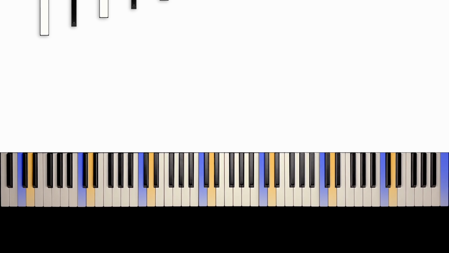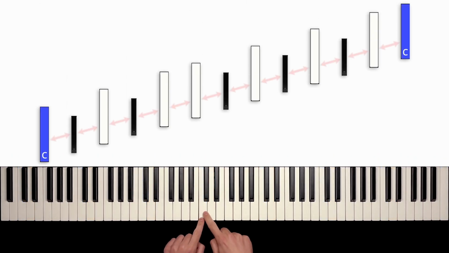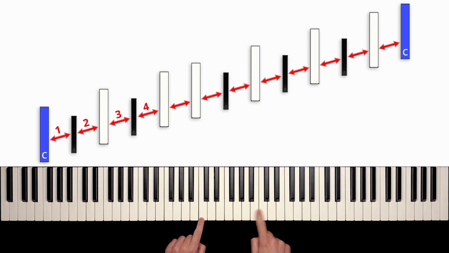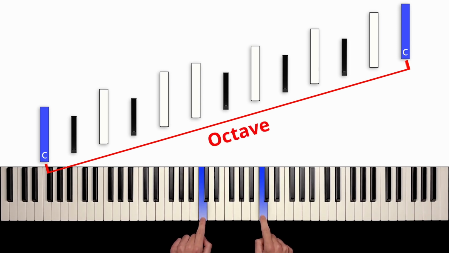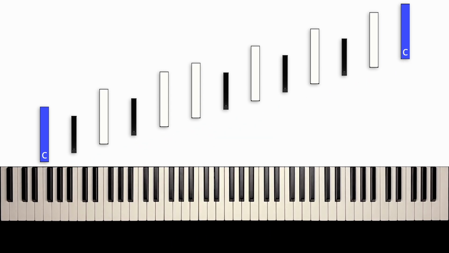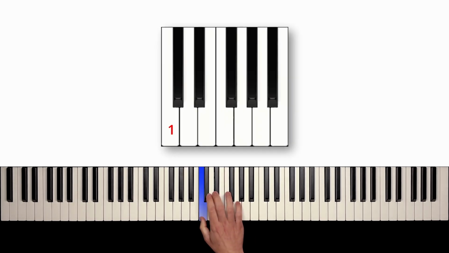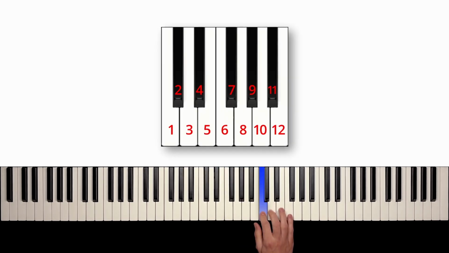If we count the steps between 2 Cs, we'll find that they are 12 semitones apart. This interval, the distance between 2 notes with the same name, is called an octave. So between 2 Cs, within each octave, we find 12 different notes. And these are the 12 notes we use in Western music.